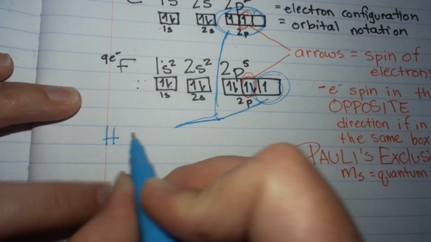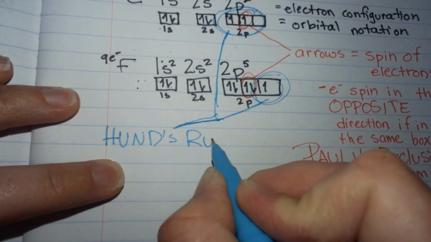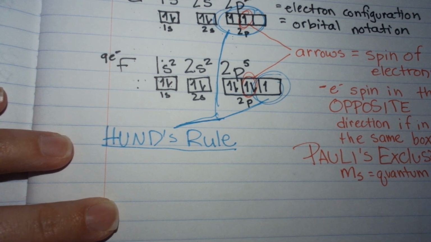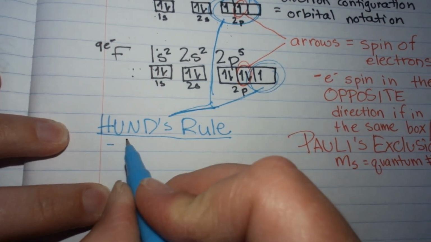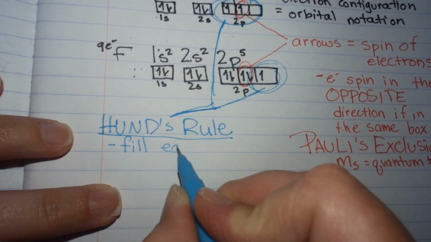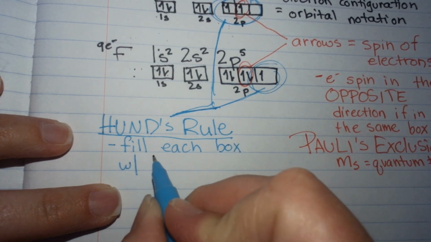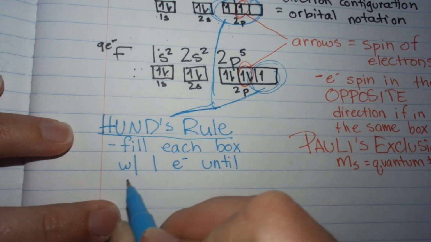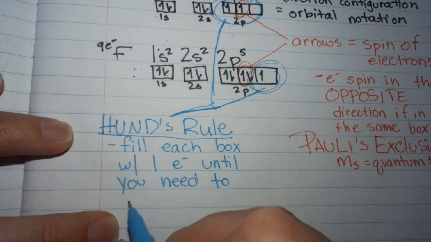I made my paper crooked. Hund's Rule. So we'll shorthand tell what that means. Fill each box with one electron until you need to double up.